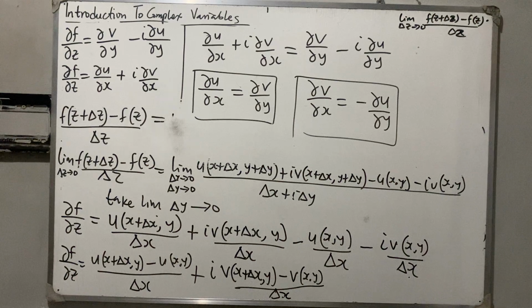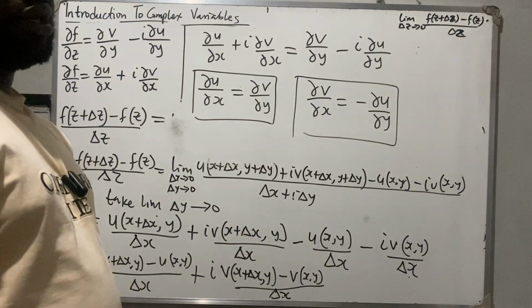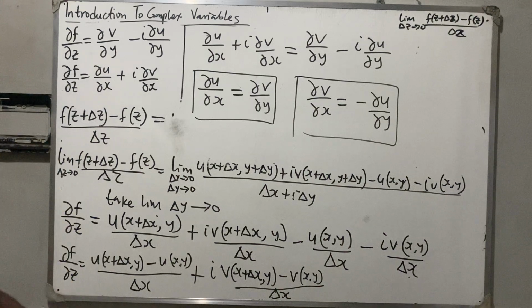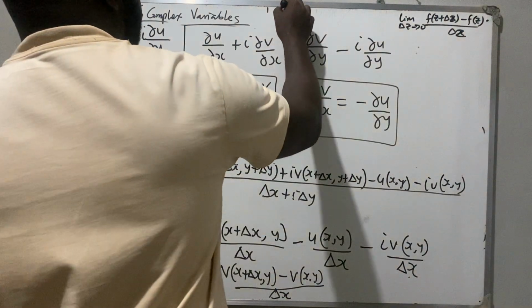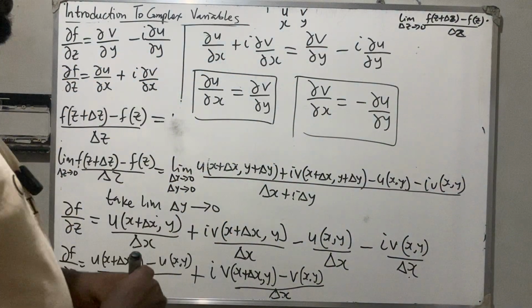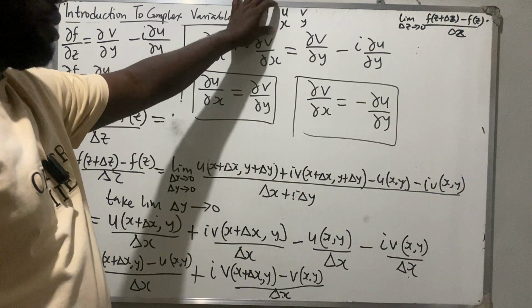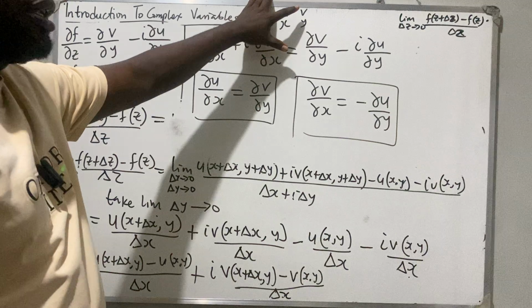Now, how do I remember these Cauchy-Riemann equations? Because most of the time I get it wrong, putting minus in this one and plus in the other one. I remember it this way: when they are proper, they will not have minus. Proper, in the sense that partial u came before v, and x came before y. So partial u partial x is equal to partial v partial y, normal, there won't be minus.